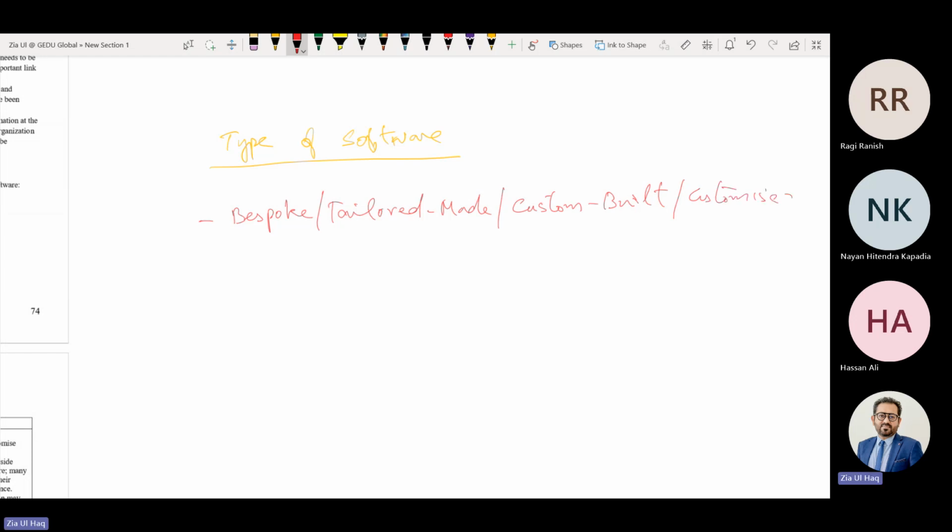It means the software that we have had developed by a software house company for the requirement of our business. That is designed especially for our business. Might be nobody else is using this software, because we have developed this by paying a development cost to a software house.